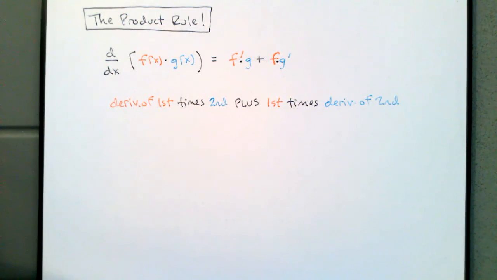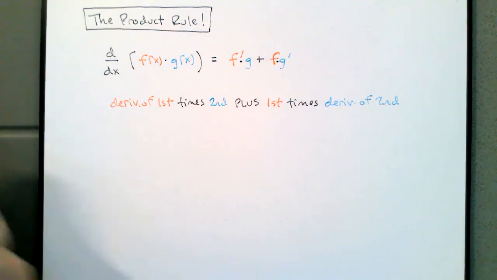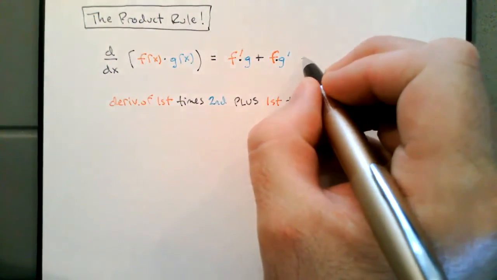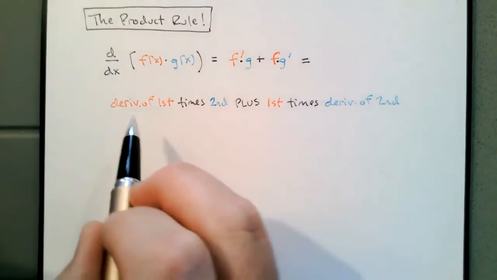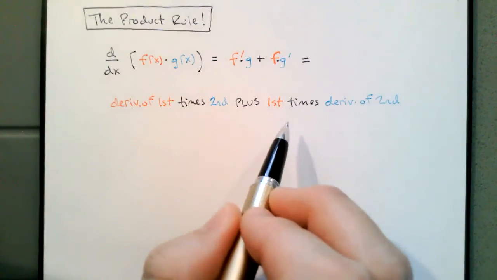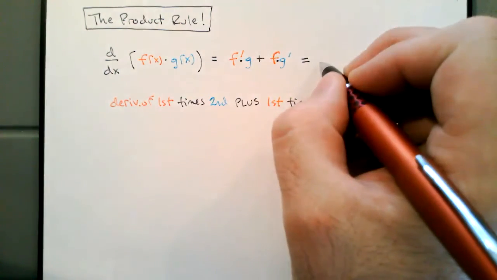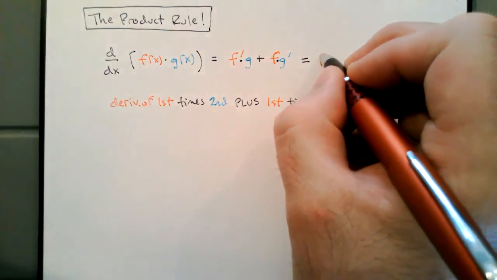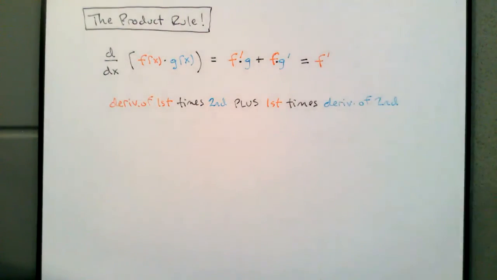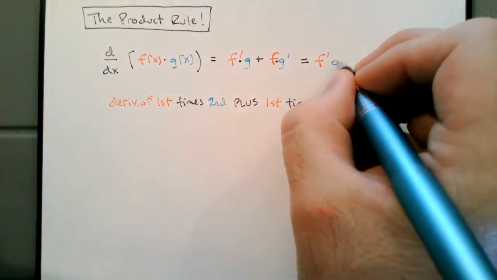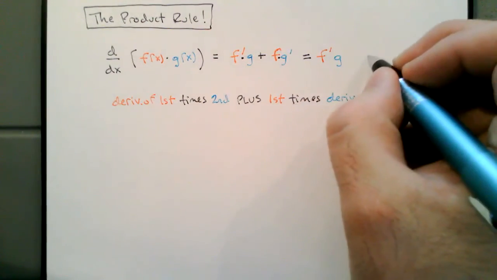Some people remember it in what I think is a weird way. You might remember it as the derivative of the first times the second plus the derivative of the second times the first. Multiplication is commutative, so you can do that if you want. So you could say f prime g plus g prime f.